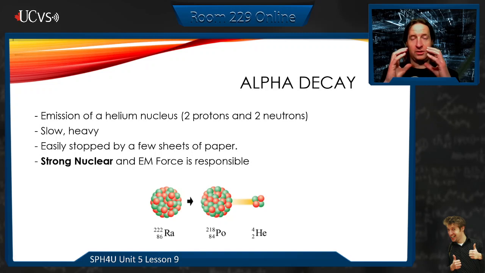The gluons, the strong nuclear force, are holding it all together, and the particles can exist in these quantum mechanical levels. But every now and then, it can actually jump out of these.